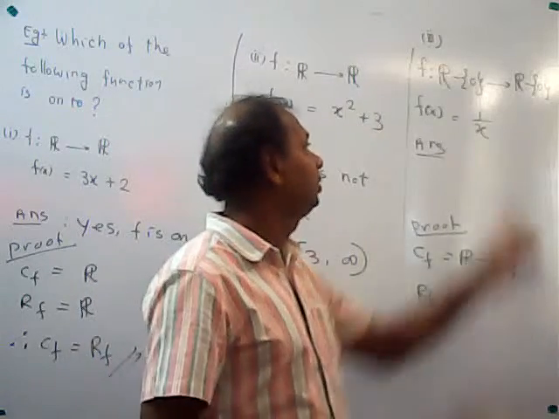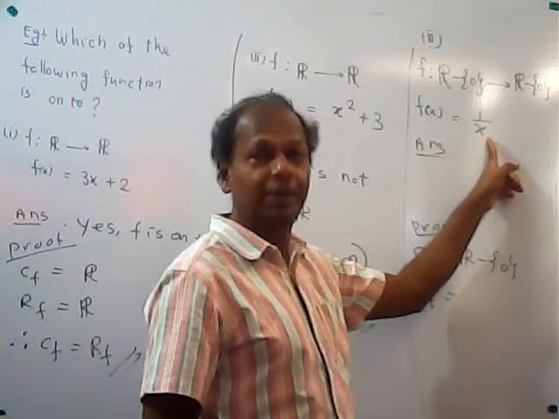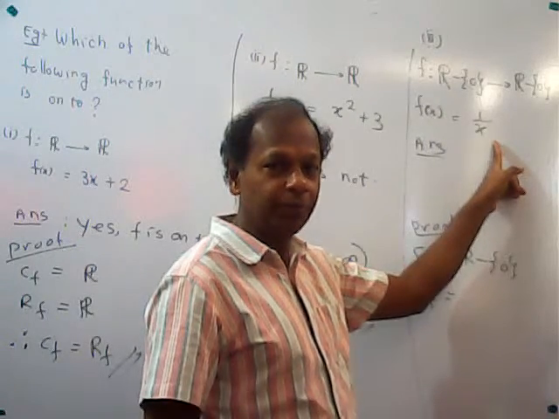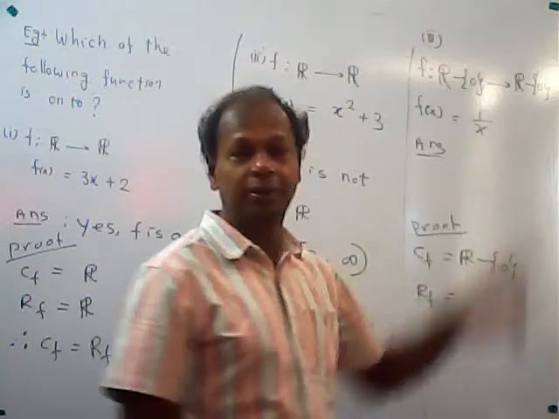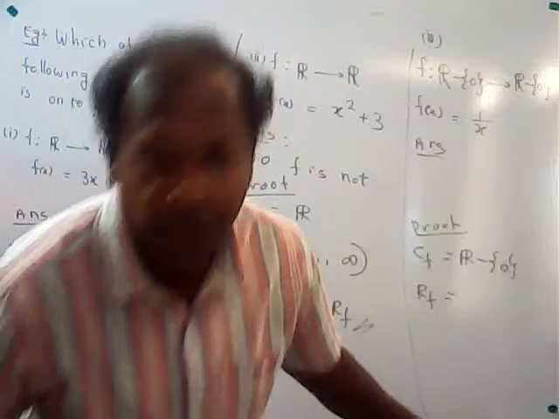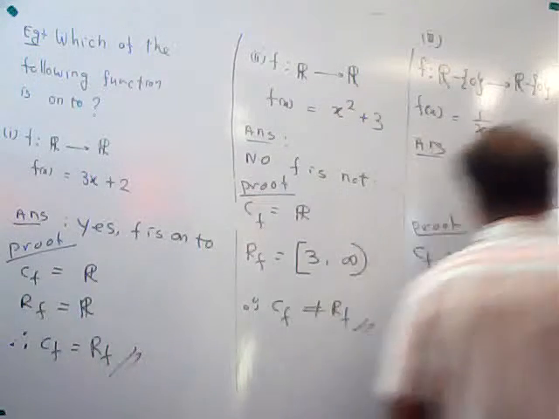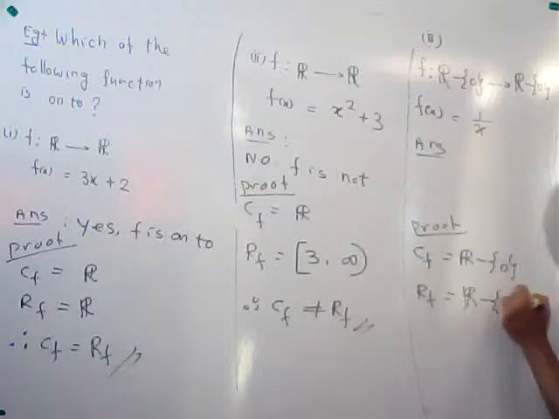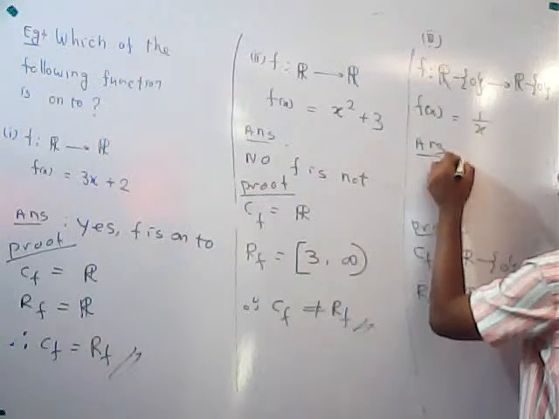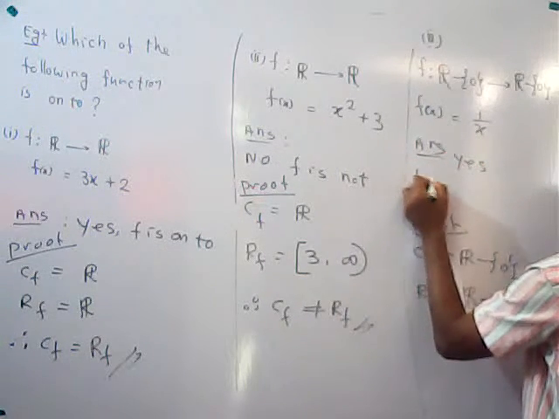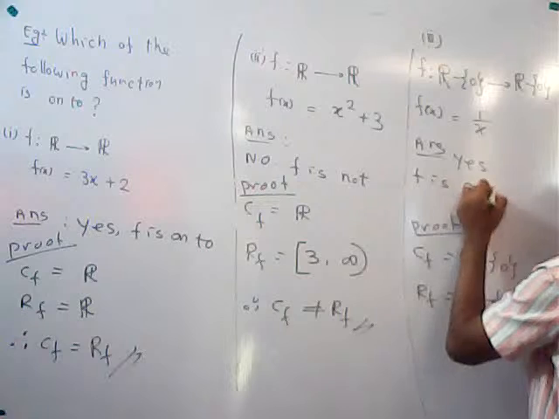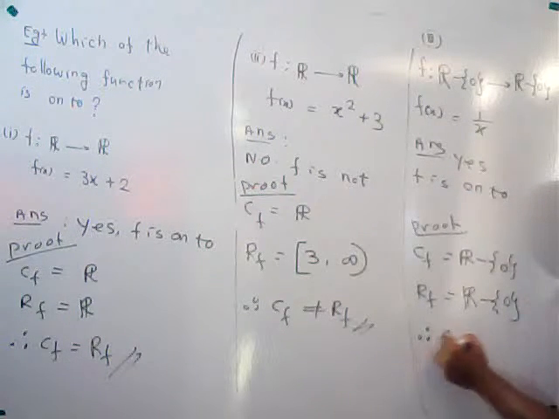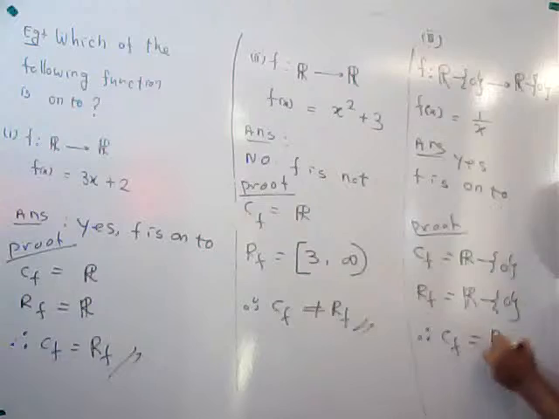Range of this is again R without 0. The range is also R without 0. So they are the same. Therefore, answer is yes. F is onto. So therefore, codomain of F is equal to range of F.